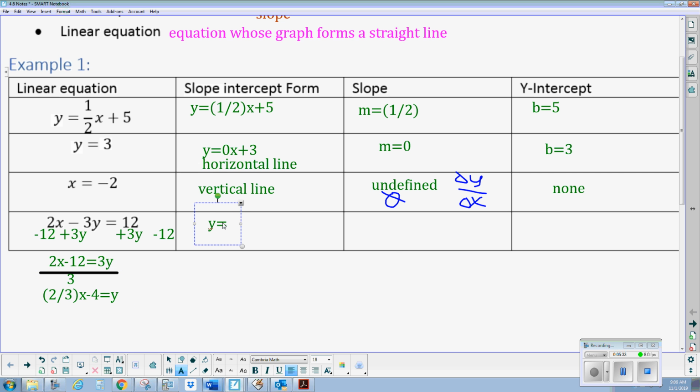And now we have it in slope-intercept form: y equals 2/3 x minus 4. So our slope, or our m, is equal to 2/3, and our y-intercept, or our b, is equal to -4.